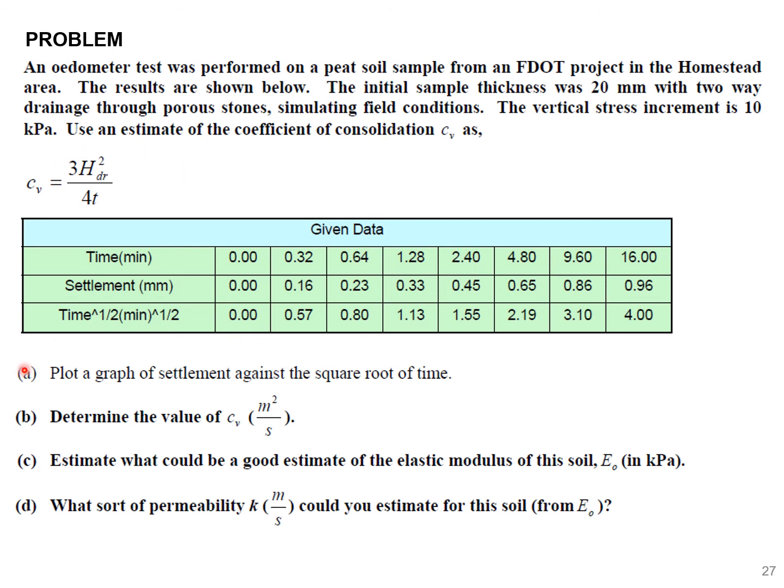So you will have to plot a graph of settlement against the square root of time, and determine the value of C sub V. Then what could be a good estimate of the elastic modulus of this soil, and what sort of permeability K can you estimate for this soil from the elastic modulus?